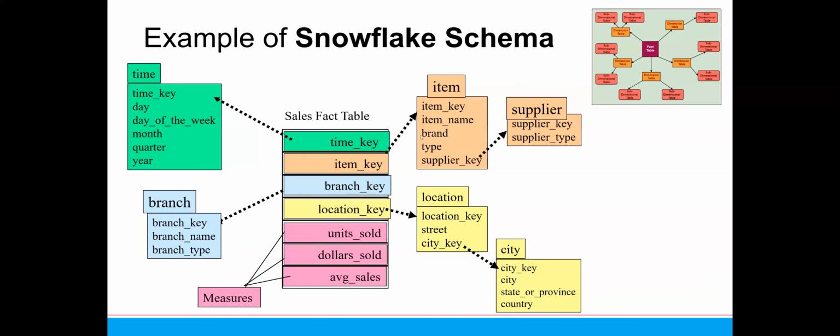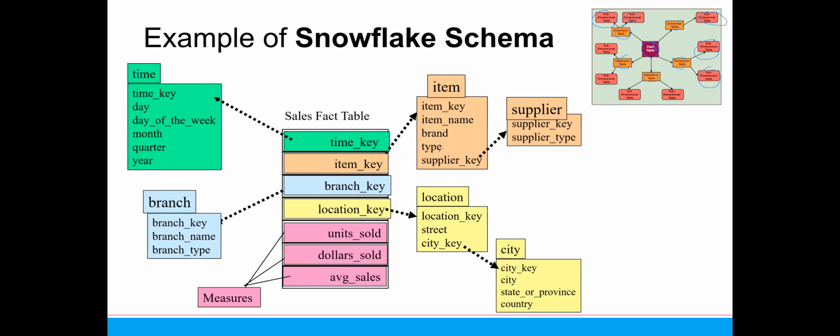If it is a snowflake schema, we have a fact table in the middle, and we have a dimension table to indicate the detail of this fact table, and there will be another sub-dimensional table.